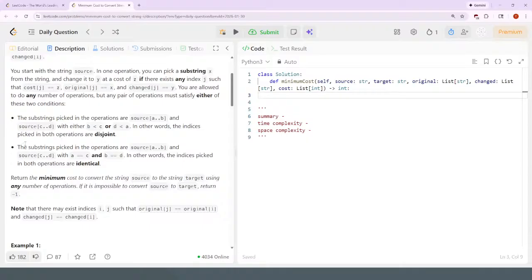Or, the substrings are source from A to B and source from C to D, with A equals C and B equals D. In other words, the indices picked in both operations are identical.